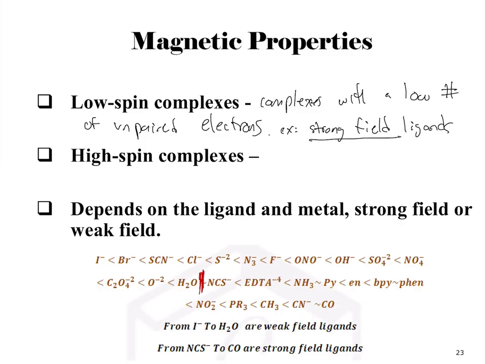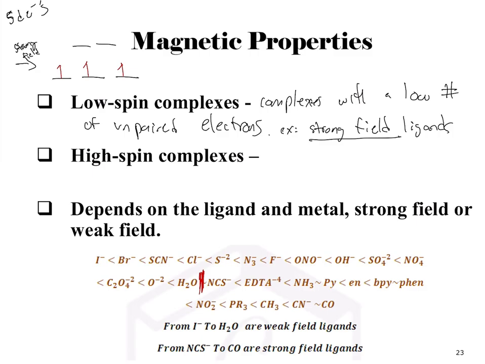So the strong field ligands are usually going to be low spin complexes because we always start pairing the electrons before we jump up the energy gap. So for example, if we have 5 d electrons and we want to put it into, so this is strong field, that means that we first fill in the lower energy level.